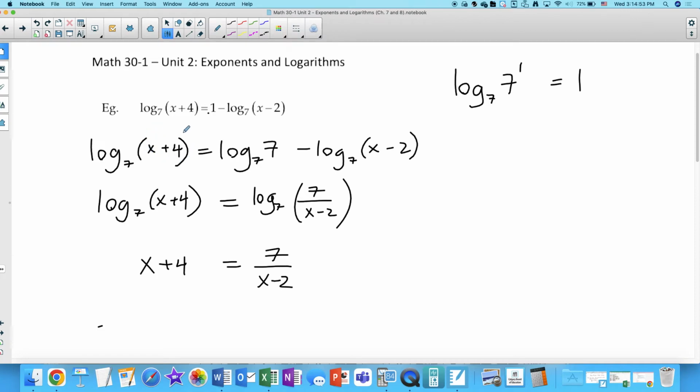Let's think about that. Here, x has to be greater than negative 4. With this one, for it to be positive, x has to be greater than 2. At the end of the day, which of these is more restrictive?